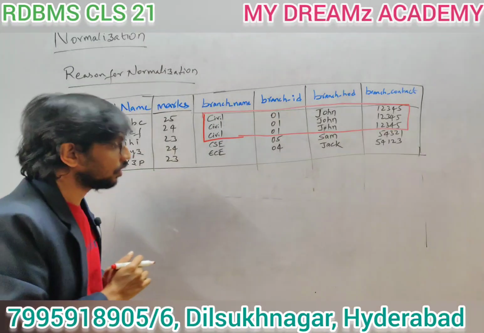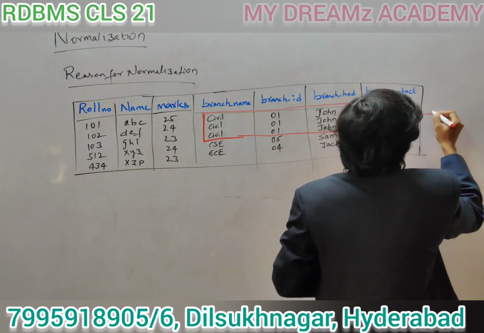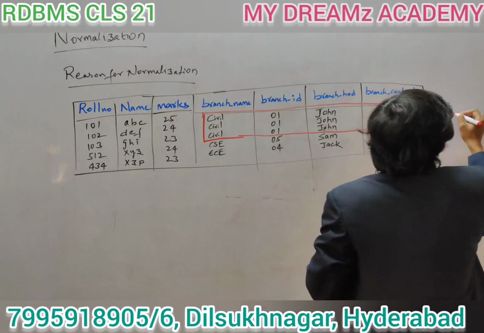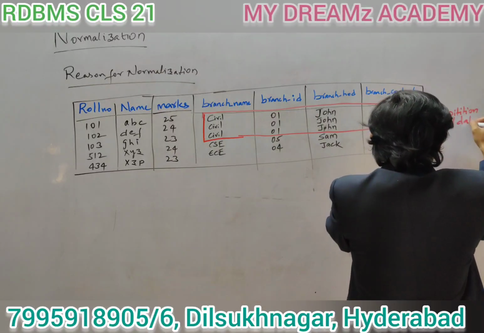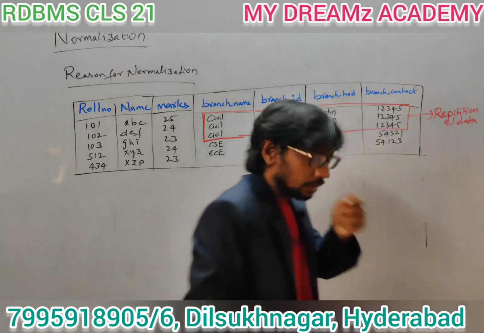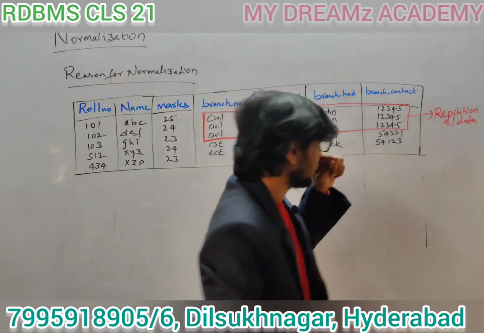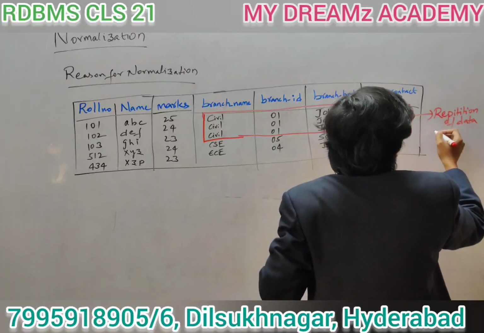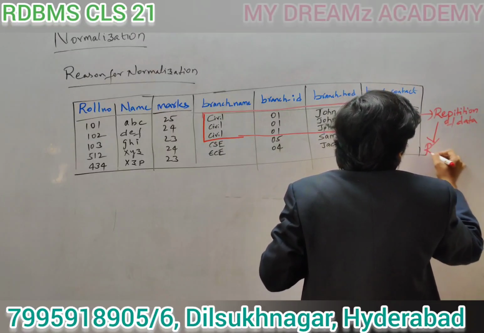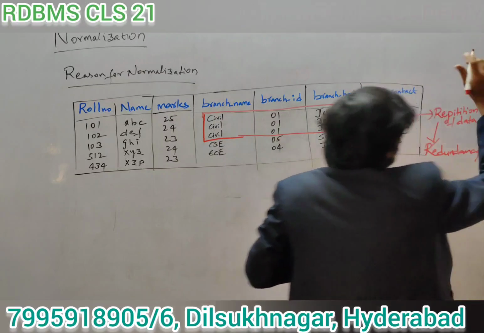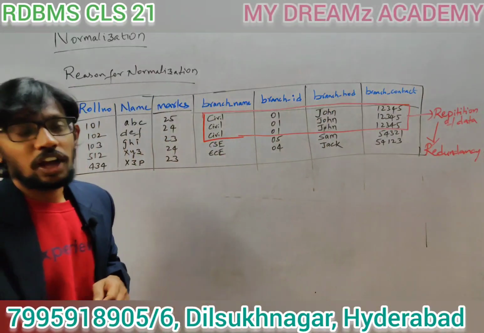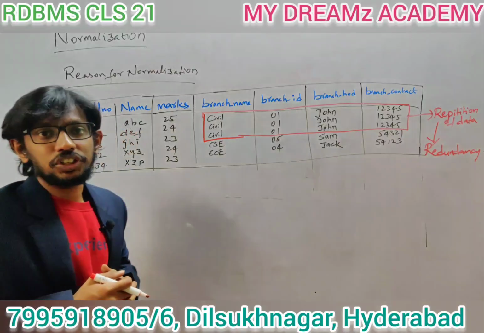Now this is the repetition of data. So in DBMS and especially in RDBMS, there is a terminology for this repetition of data: redundancy. So I have introduced the terminology called redundancy.